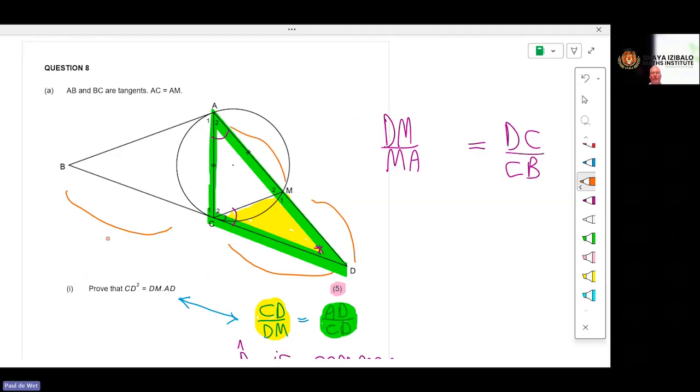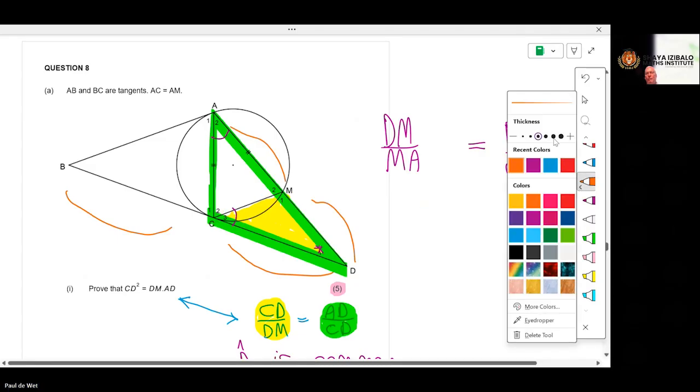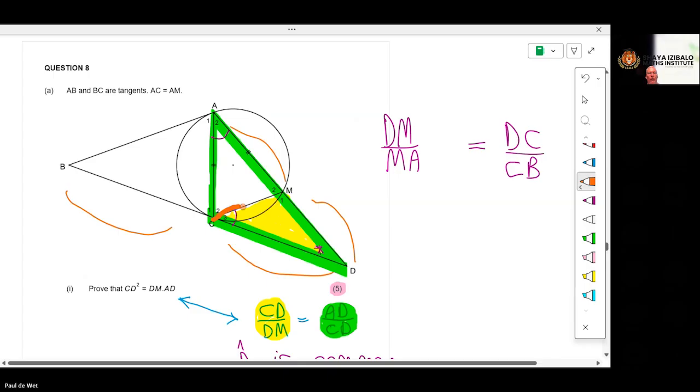It looks like proportional intercept theorem. Good, well, are these lines parallel? No. Do you agree, guys? If I can prove this line parallel to this line, then I'm done. Yes. So I want to see if someone can tell me, how am I going to prove those two orange lines parallel? And remember, we've got a few ways of proving lines parallel.